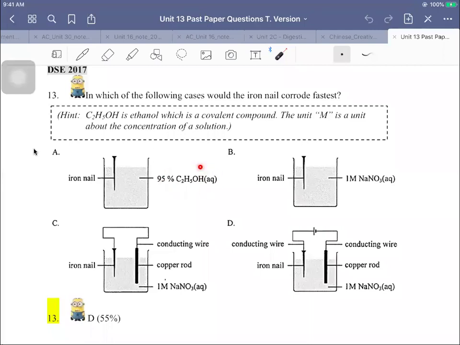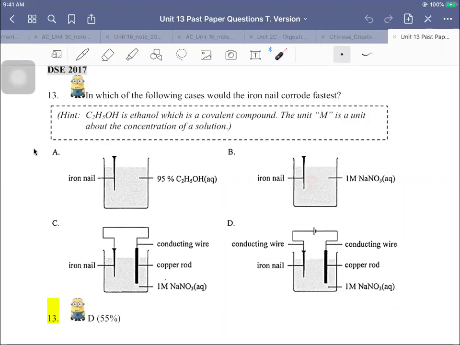So by adding it to the solution, it will not provide any mobile ions. But on the right-hand side, for answer B, sodium nitrate is an ionic compound. When it dissolves in the solution, it would provide the mobile ions. So if we only compare A and B, we could work out that B would rust faster than A.